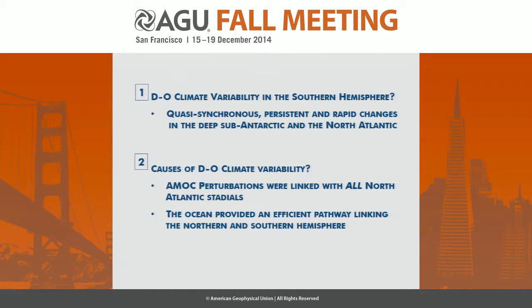And to spur the discussion about the causes of Dansgaard-Oeschger climate variability, our proxy data is consistent with the idea that all North Atlantic stadials are linked with a perturbation of the AMOC, and these perturbations are very rapidly transmitted to the deep sub-Antarctic Atlantic via the ocean. Thank you very much.